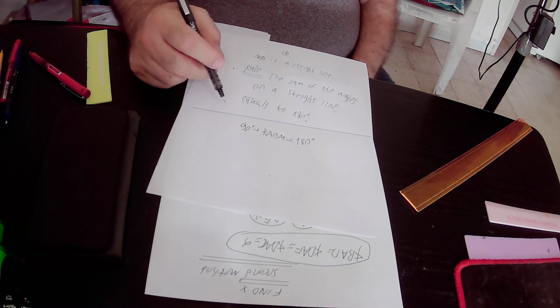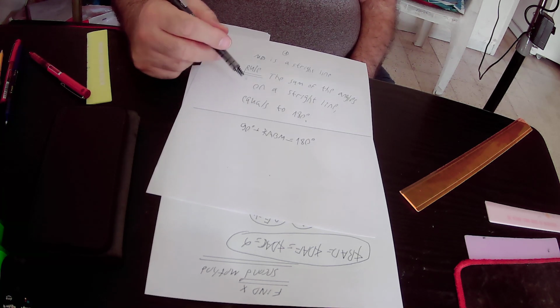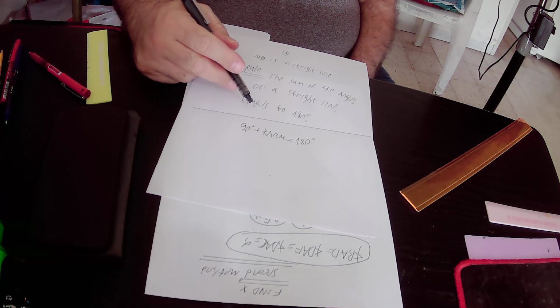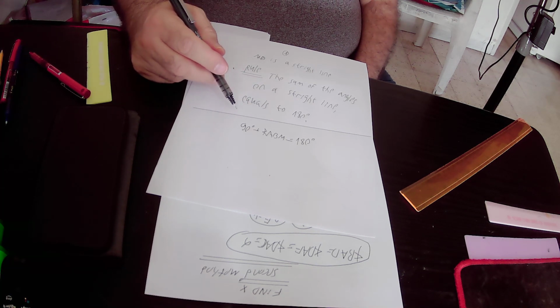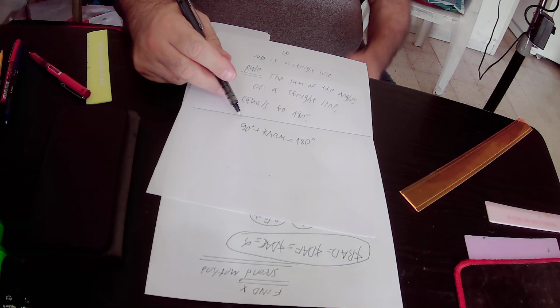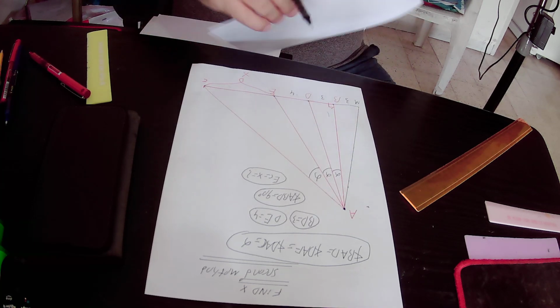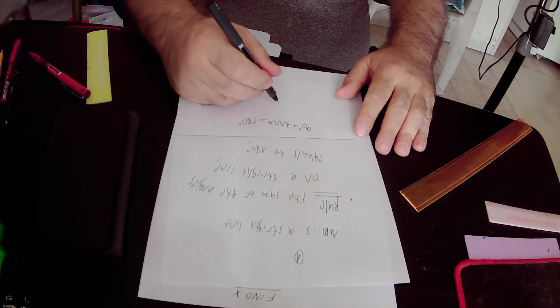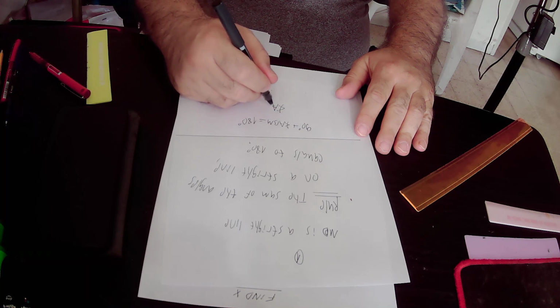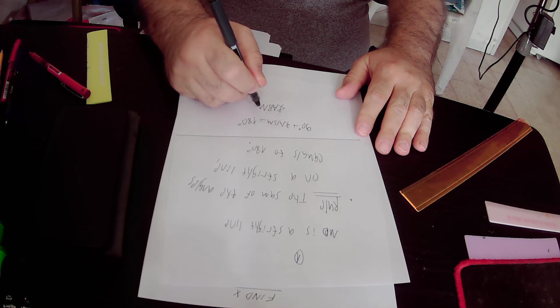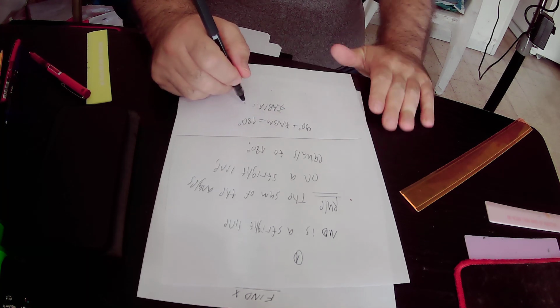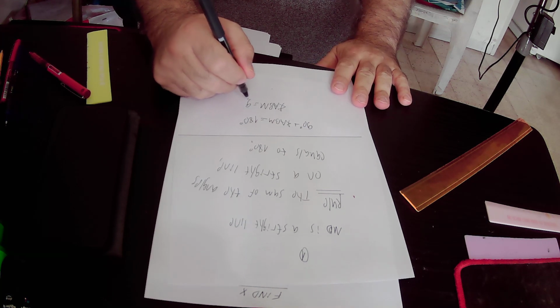Okay, so we have this equality according to the rule that the sum of the angles on the straight line MD equals 180 degrees. Here we will subtract 90 degrees from this equality, and we will get that the size of angle ABM equals 180 degrees minus 90 degrees, which is 90 degrees.